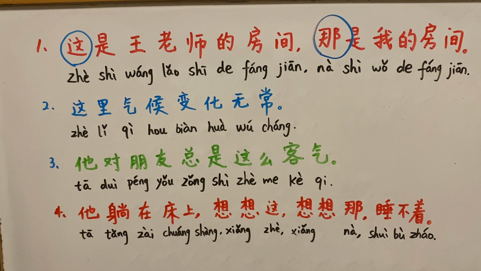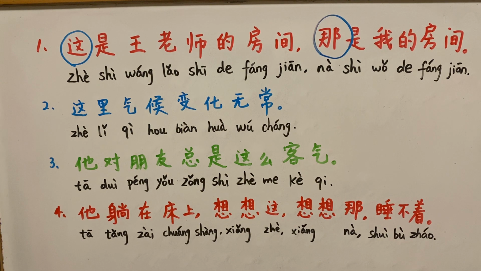So 他躺在床上，床 means bed, right? 他躺在床上，躺, right? This one is the verb of the sentence. It means he lies on the bed, right?